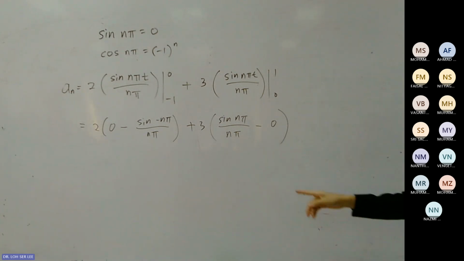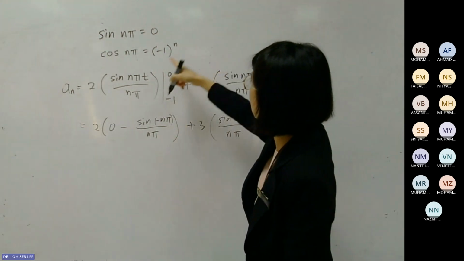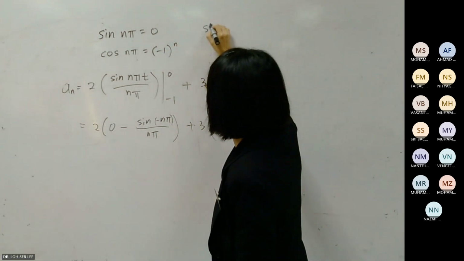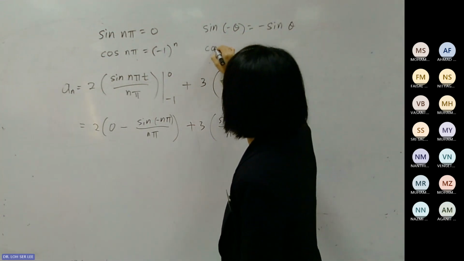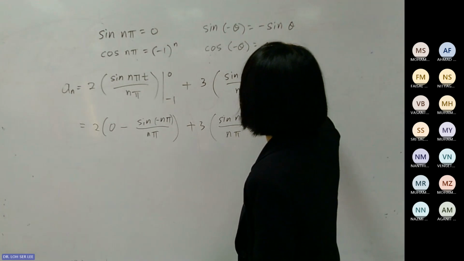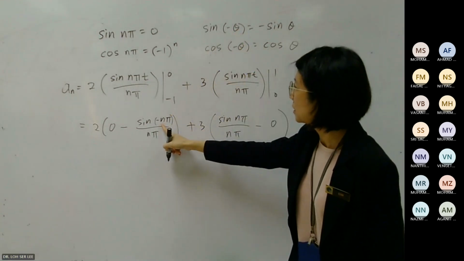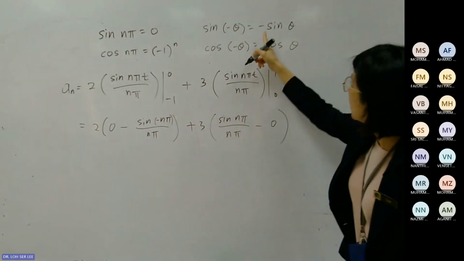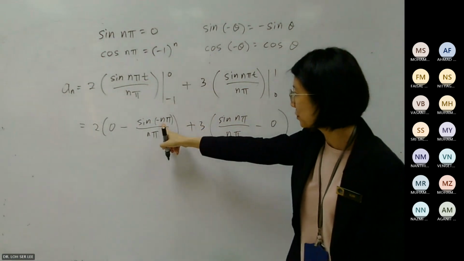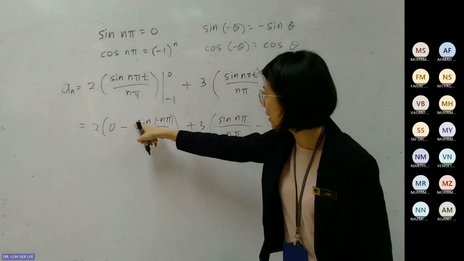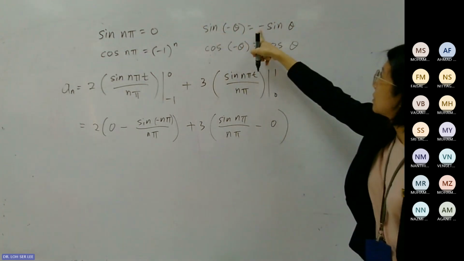Now if you look at this one, sine negative n pi. Sine negative theta equals negative sine theta. Cos negative theta equals cos theta. Based on this, this equals negative sine n pi. For the sine function, the negative from the angle we can bring out.